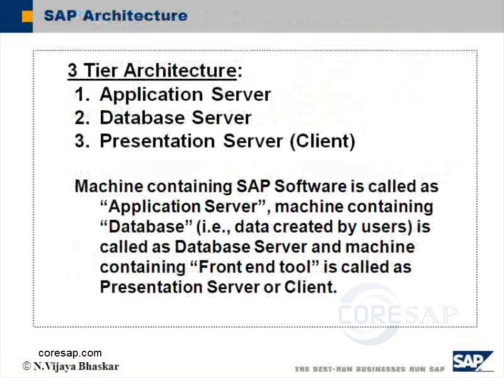So there are 2 types of machines in a network typically: servers and clients. A server is generally a machine that hosts some data or software, whereas a client system is a machine that depends on the server for software or information, guys. So that is the basic difference. In our case, we have these 3 types of machines called application servers, database servers, and presentation servers, right?